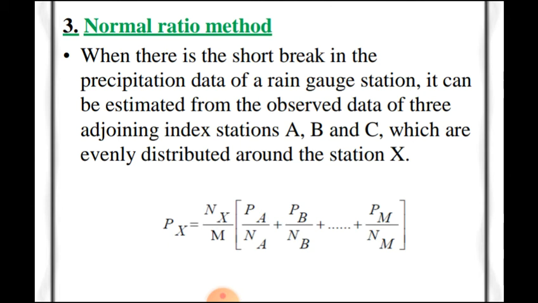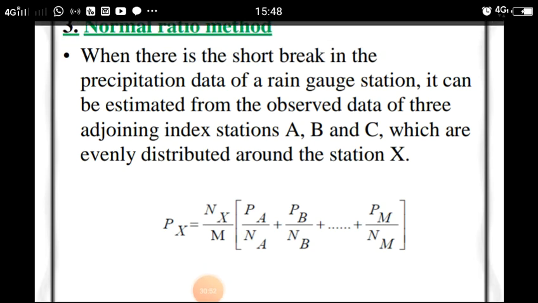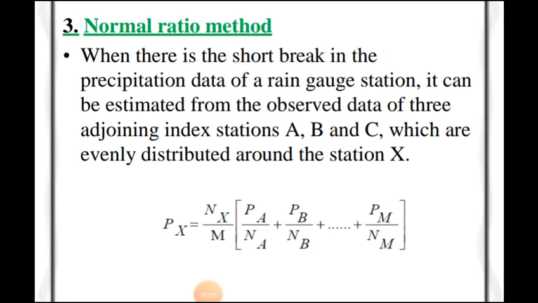So that is also one of the methods. The formula is Px is equal to Nx by M times Pa by Na, Pb by Nb, and Pm by Nm. So we can show how much water depth is expected over that area if the rainfall occurs over a certain time, 6 hours or 12 hours or any given time.